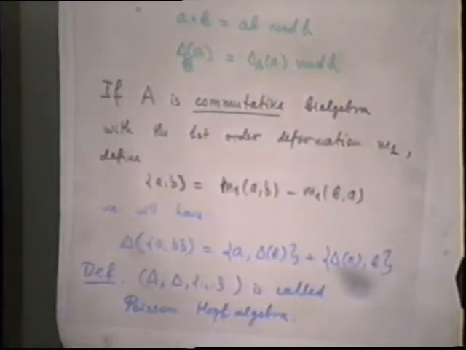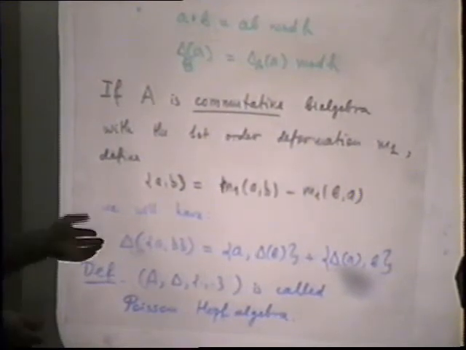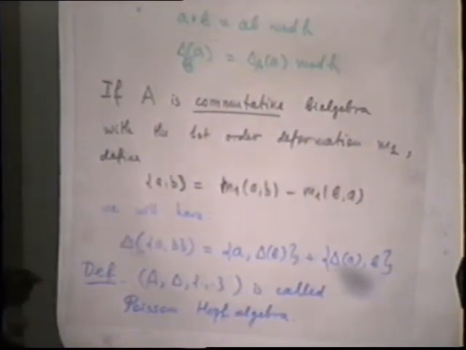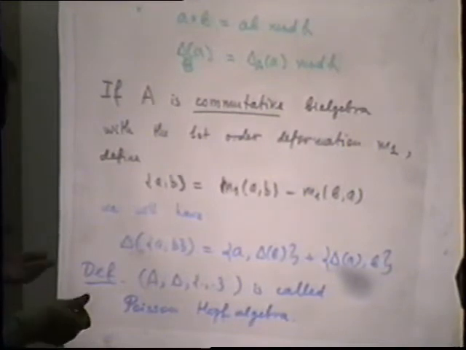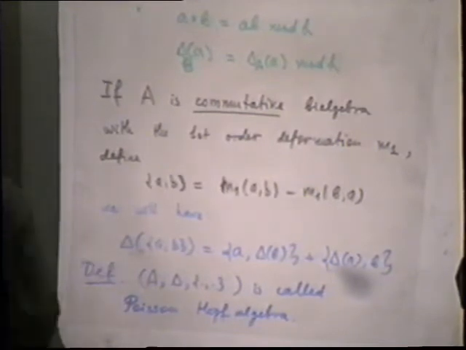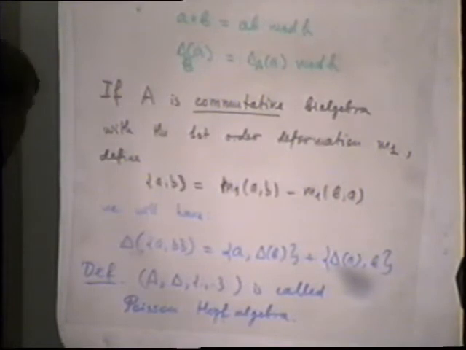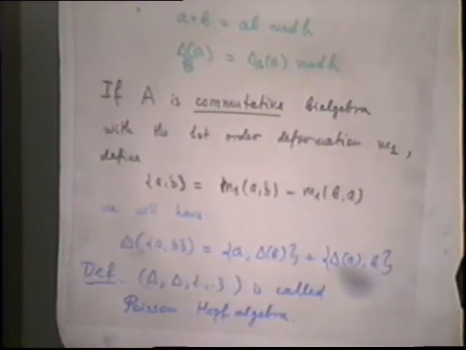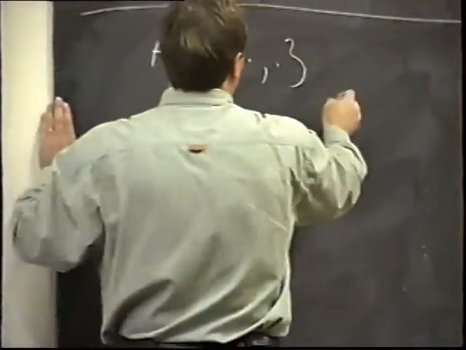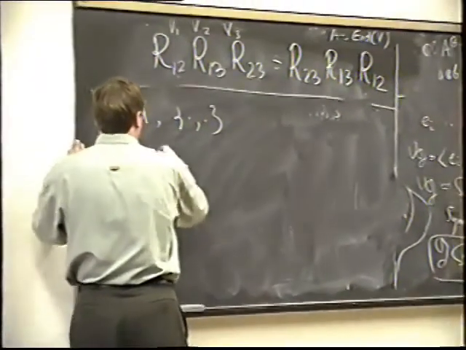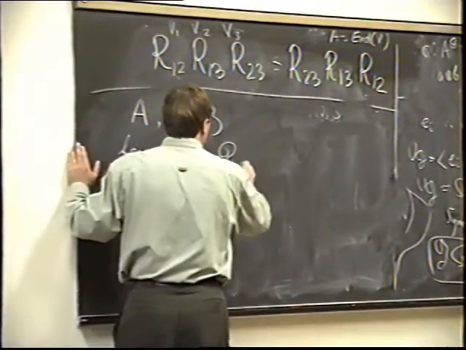And a first order deformation of a commutative algebra always brings a Poisson structure on this commutative algebra. So this gives, then the associative law will reduce to that. No, I skipped one sentence. So then A together with this bracket becomes a Poisson algebra.